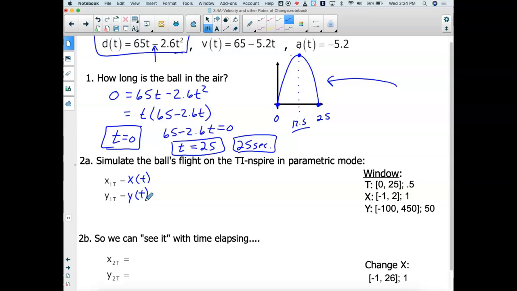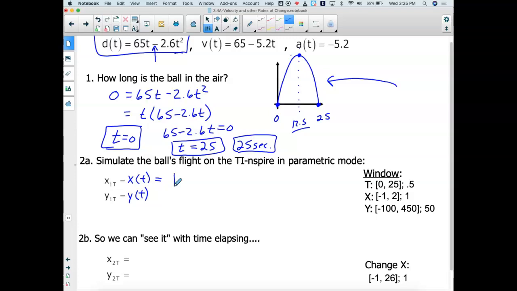Now, don't worry about this. I just want to graph this so you can see how the actual path of the ball is different from that parabola on top. Well, when we're graphing in parametric mode, because this particular ball had no horizontal force put on it, it was just thrown straight up or down. I'm just going to throw my first parametric there as a 1.